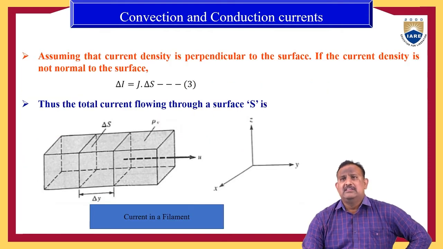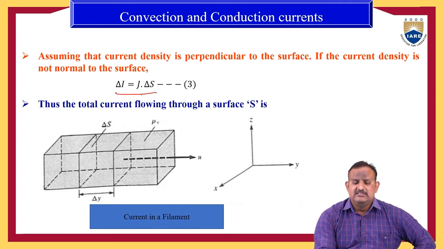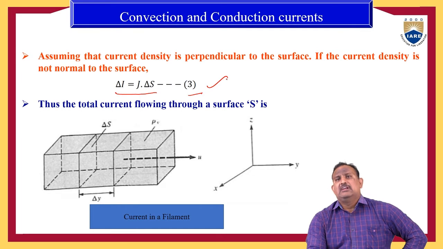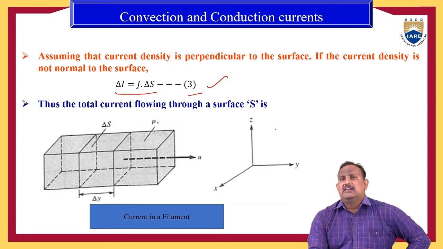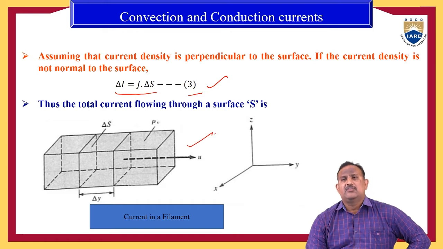Assume that the current density is perpendicular to the surface. Then we can express the change in current delta I as equal to the current density J into the change in surface area delta S. Now we can define the convection and conduction current densities by assuming a figure of a filament.